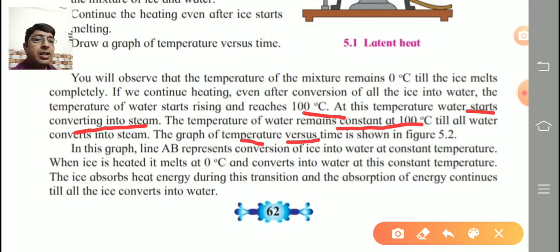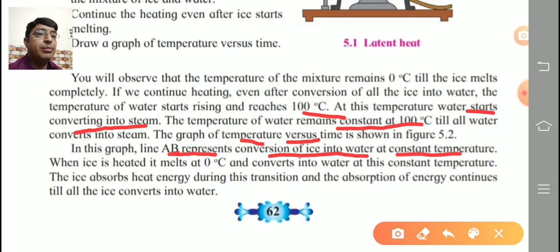Now in that graph, line AB represents conversion of ice into water. So you underline this line AB in that graph. What does that represent? Conversion of ice into water at constant temperature. When ice is heated, it melts at what temperature? 0 degrees Celsius, and converts into liquid water at this constant temperature.